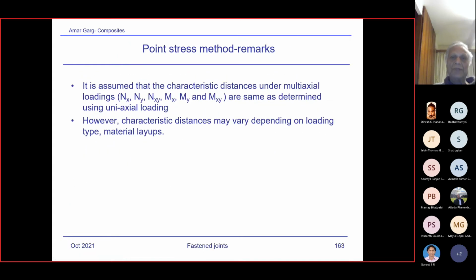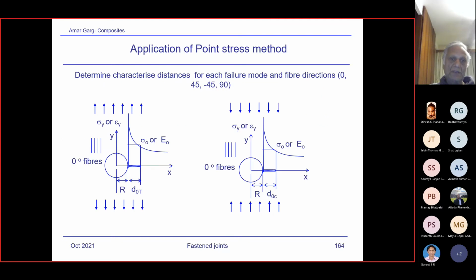So now, in the point stress method remarks, it is assumed the characteristic distances under multi-axial loading are the same as determined using uniaxial loading. However, characteristic distances may vary depending upon loading type and material types, which I've explained. So to determine the characteristic distance for each failure mode and fiber direction, you carry out some tests and determine these dimensions.